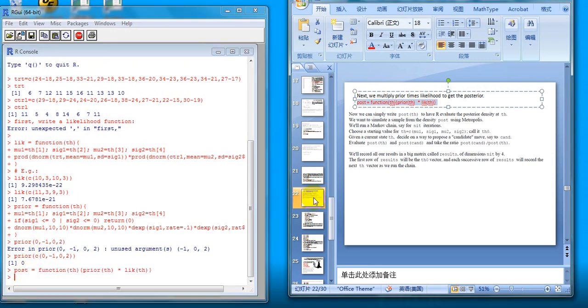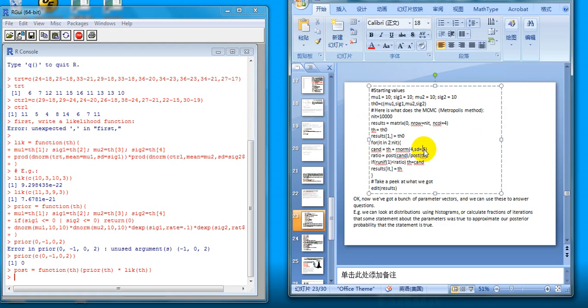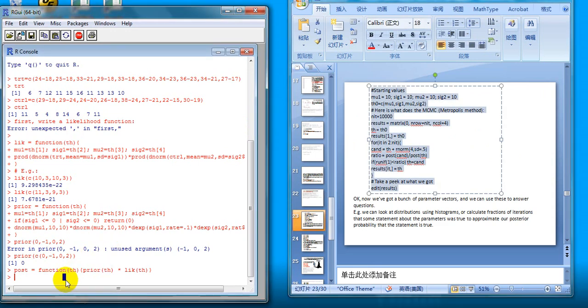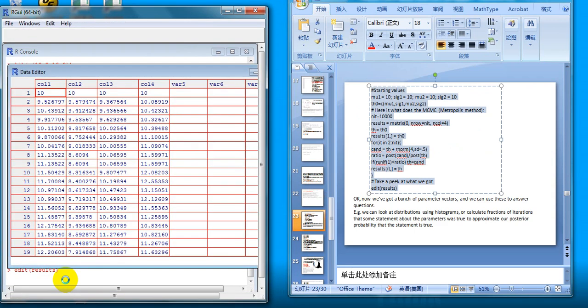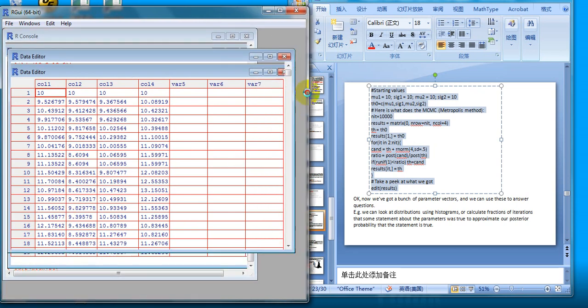Okay, now we can run the Metropolis. Okay, well done. Right, it's 10,000 steps and it's pretty fast. And you can see, starting point is 10, 10, 10, 10, and when we run it, it will converge.